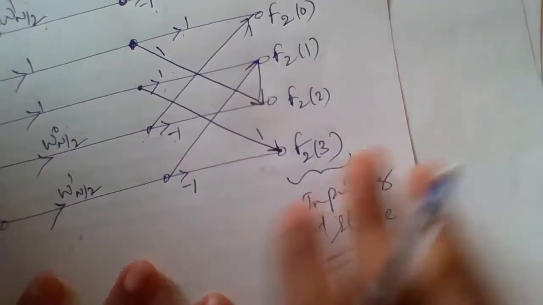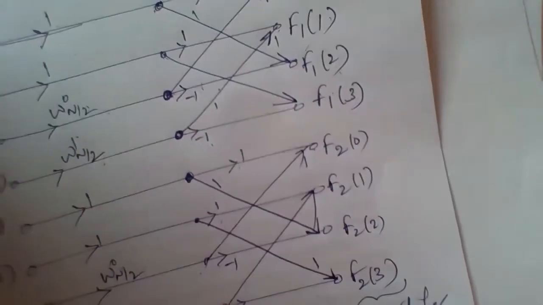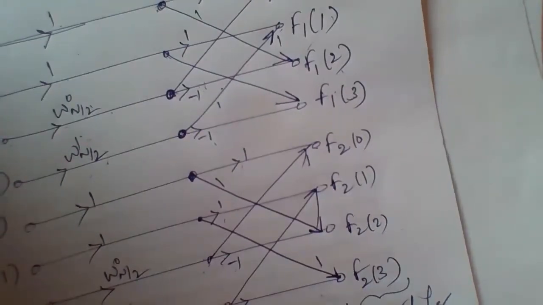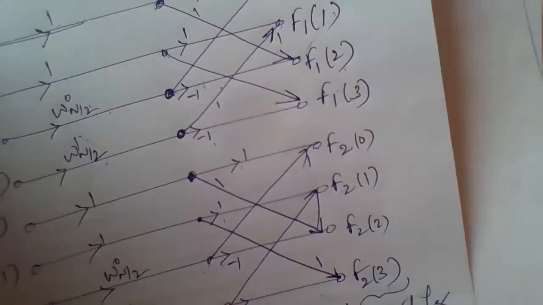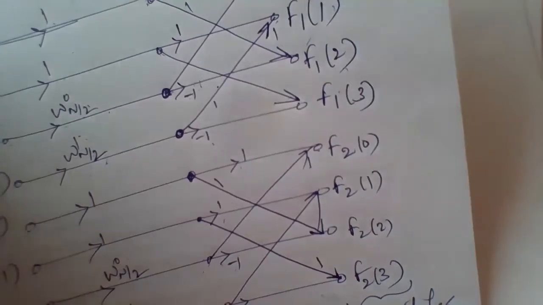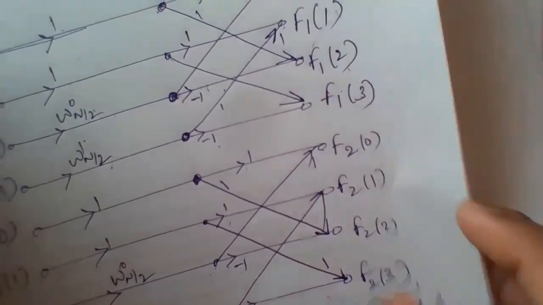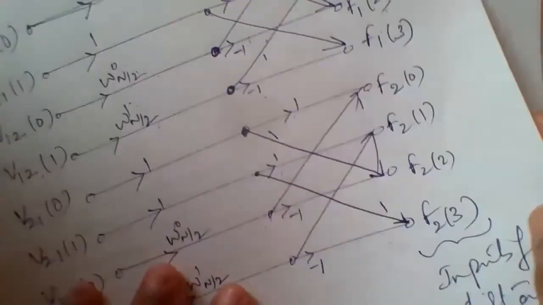The third stage output will be our final DFT values. That is, there we are generating x of 0, x of 1 up to x of 7. Every x of k equation will be composed of f1 and f2, either f1 plus f2 or f1 minus f2, whereas the second part of the equation will be multiplied by the twiddle factor.